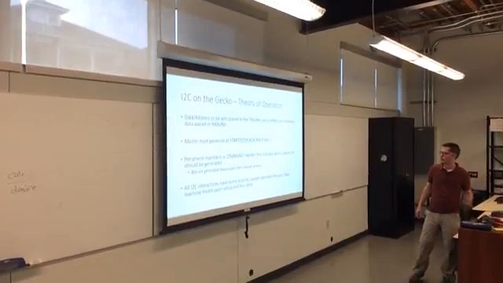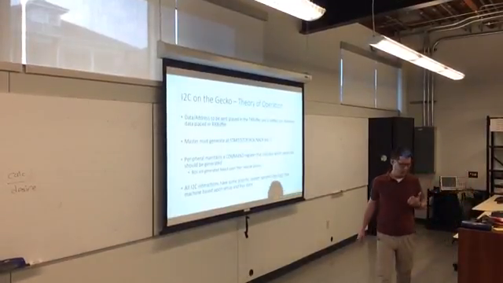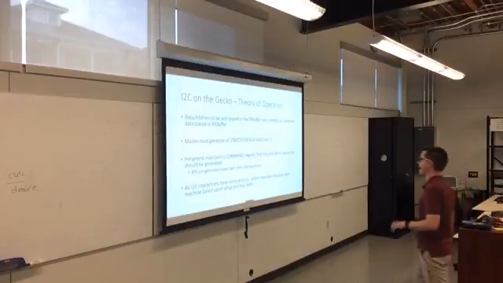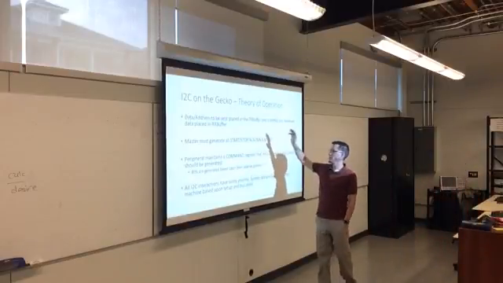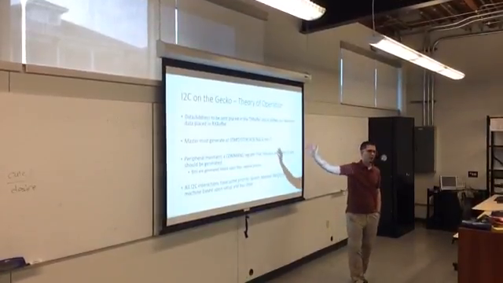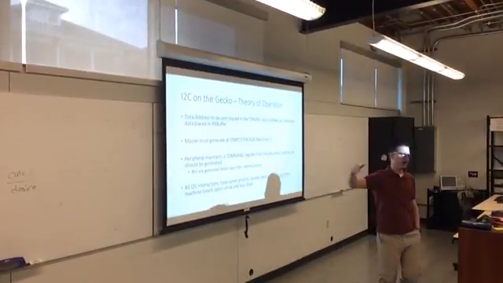General theory of operation is you throw the data in the transmit buffer, and once you issue a start bit, you have to manually issue a start bit, it starts to go, it starts to run. The master has to generate all of these signals, but there is a command register that you use to generate them. So like with the timer, you can start the timer, you can stop the timer.